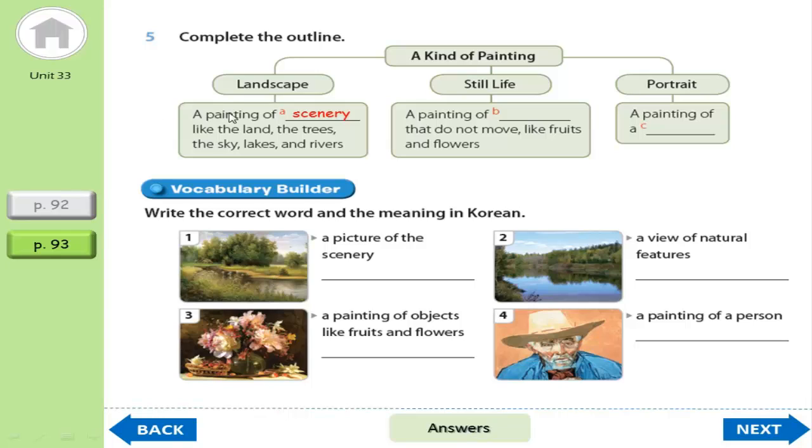Okay, so landscape: a painting of sceneries like the land, the trees, the sky, lakes, and rivers. Now the outline about still life: a painting of things that do not move, like fruits and flowers. So letter B here, what word should you write in here?